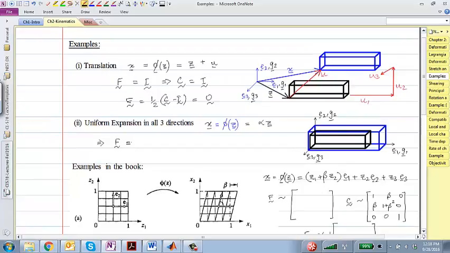F for the uniform expansion we found was alpha times identity, which means that C is equal to alpha squared I. That is the right Cauchy-Green deformation tensor. And using that, we can find E, which is half of alpha squared minus 1 times identity.